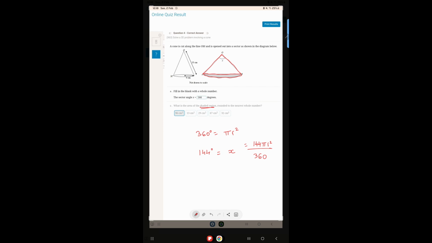You know that your radius is equal to 10, so 144 times pi times 100 over 360. Simplify this on your calculator, you get 40 pi. Just leave it like that for now. So the area of the entire sector OAB is equal to 40 pi.